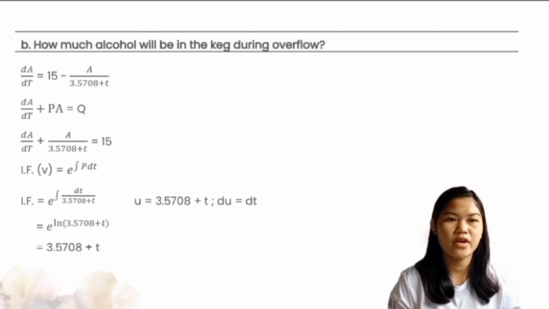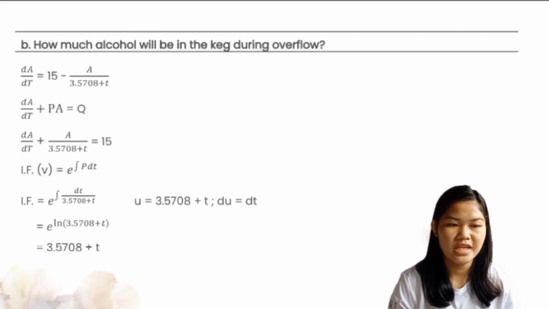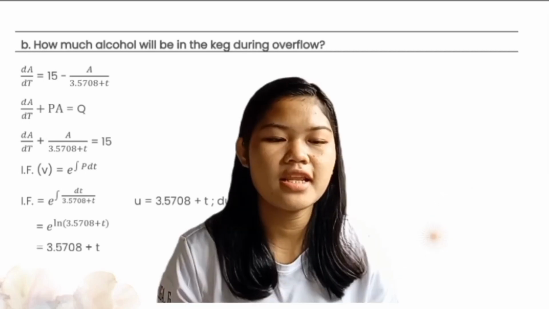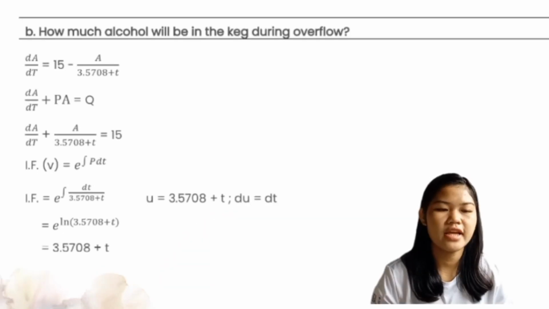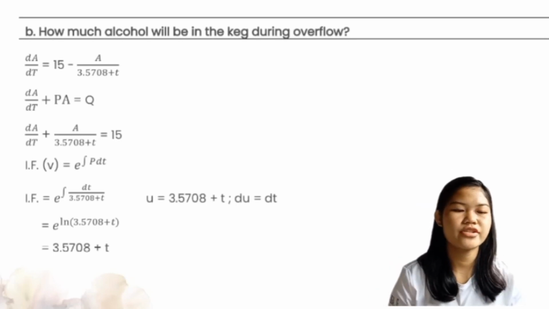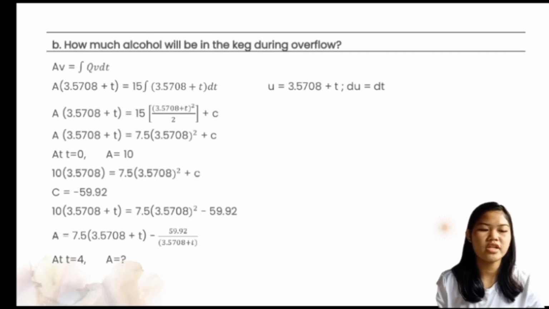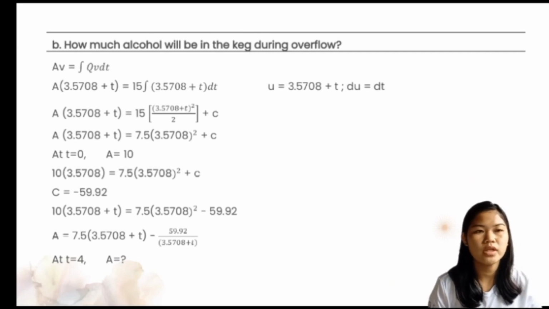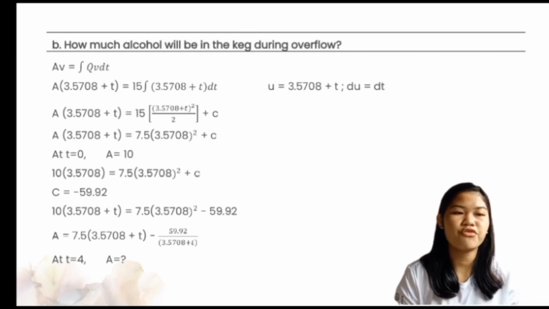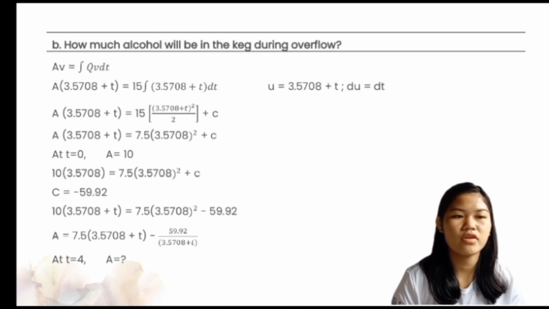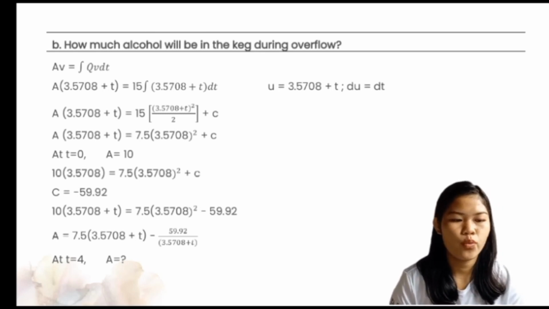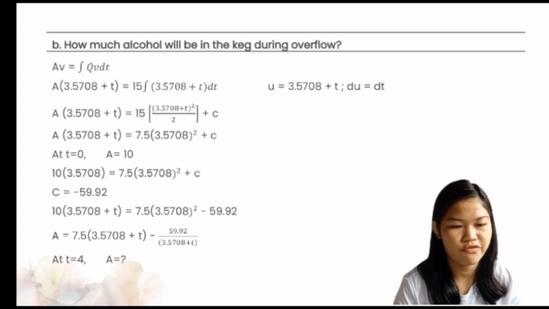We can simplify our integral in the form of ln u. So we have e to the power of ln of 3.5708 plus t, and the answer is 3.5708 plus t. Since we already solved for v, now we will use the formula A times v is equal to the integral of Q times v dt, where v is the integrating factor.